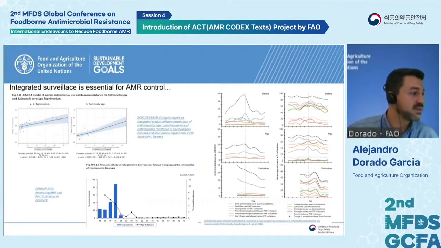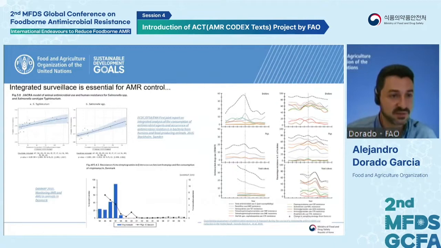For example, we have programs like the European Union's ECDC, EFSA, and European Medicines Agency, which correlate the use of antimicrobials in animals with resistant infections in humans. There are also publications showing how trends of antimicrobial resistance in animals are decreasing with interventions that reduce antimicrobial use at the national level, for example, in the Netherlands.